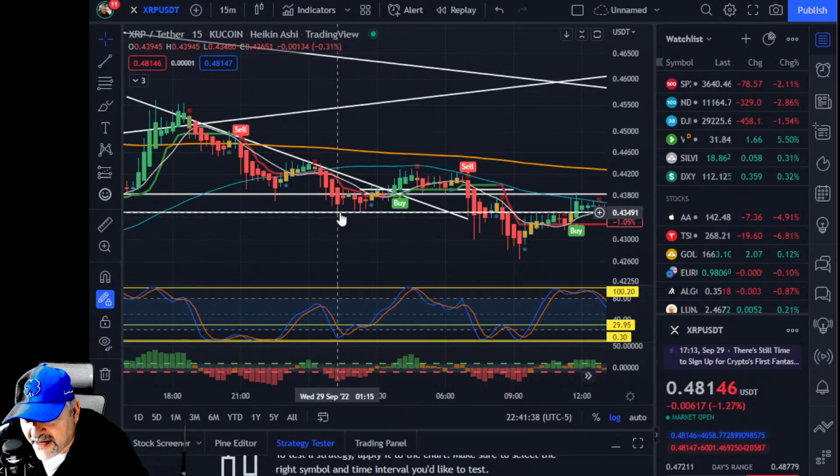And that would have been a way better solid little play at 44.49. Let's see what we would have made there. 43.47... $43.49. So 43 and a half.